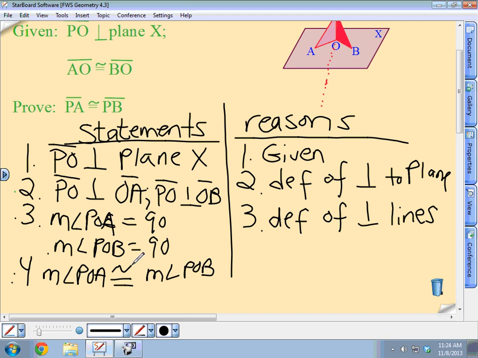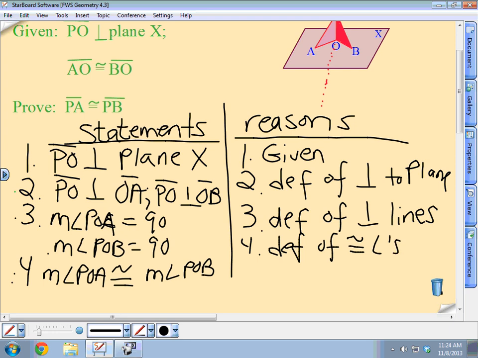Angles that have the same measure are congruent. So what's the reason that those are congruent? Definition of congruent angles, right?